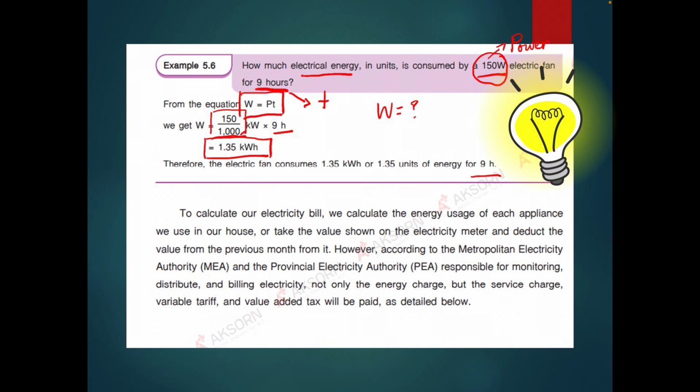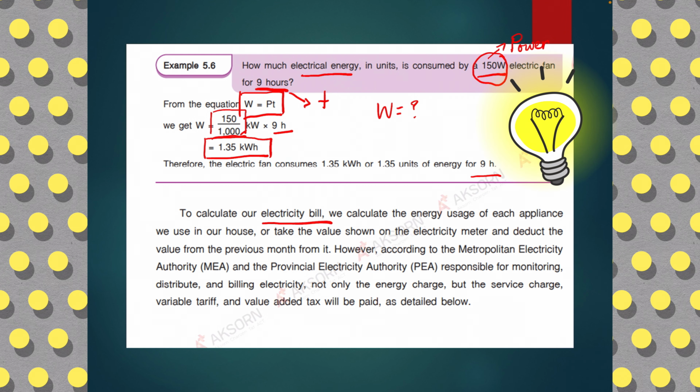To calculate our electricity bill, we calculate the energy usage of each appliance we use in our home, or take the value shown on the electricity meter and deduct the value from the previous month from it. However, according to the Metropolitan Electricity Authority, or MEA, and the Provincial Electricity Authority, or the PEA, responsible for monitoring, distributing, and billing electricity, not only the energy charge, but the service charge, variable tariff, and value-added tax will be paid as detailed below.